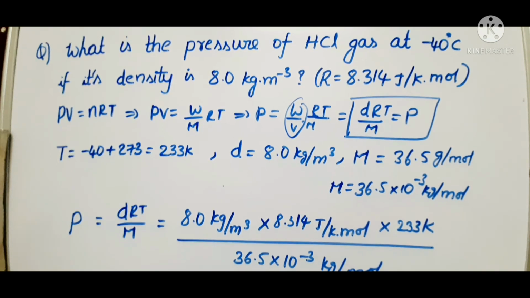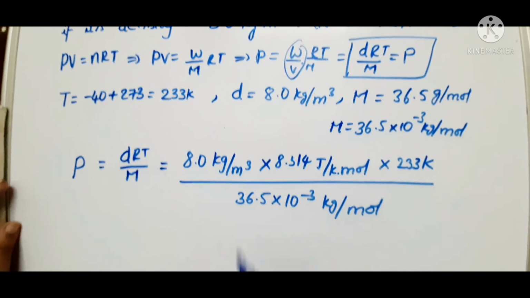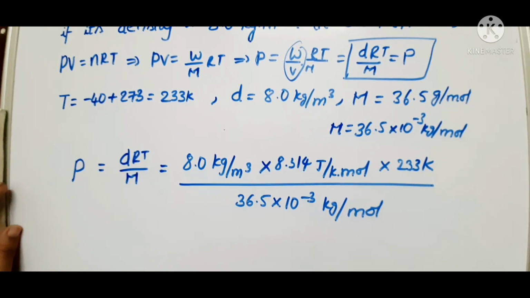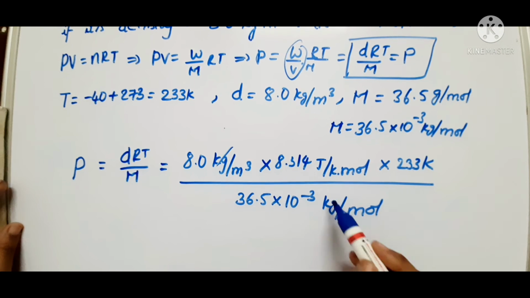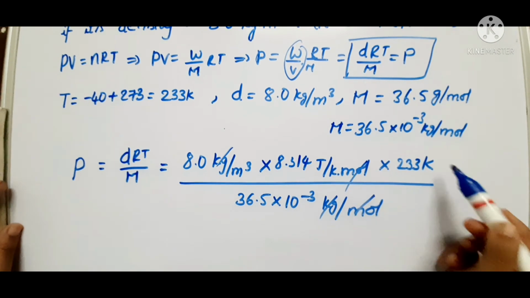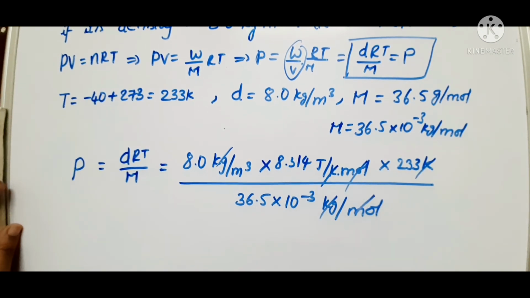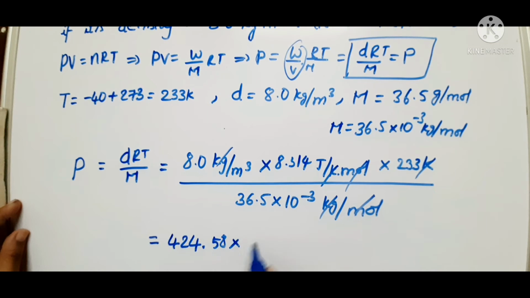Okay. Here you will have the cancellation of units: kg and kg will be cancelled, mole and mole will be cancelled, Kelvin and Kelvin will be cancelled. For the remaining, when you calculate in the calculator, you will get the answer like 424.58 into 10 power 3 joules meter power minus 3.